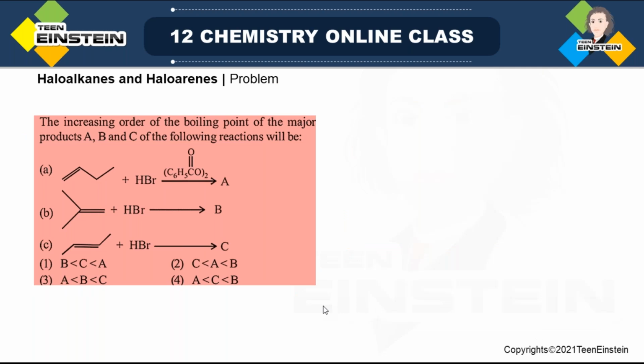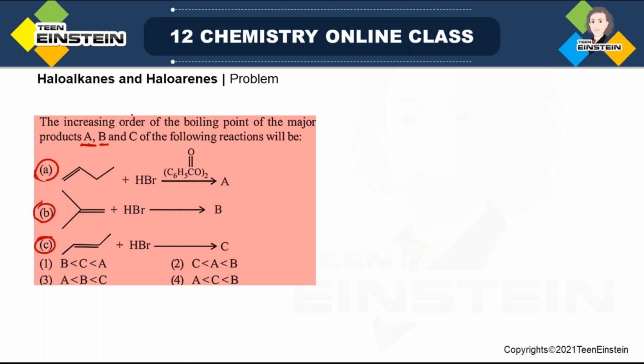Now come to this question, which is related to HBr addition to alkene. The increasing order of boiling point of the major product A, which you are getting from the first reaction, B, the major product from the second reaction, and C, from the third reaction. See, this question is very interesting because it is basically combining two questions.